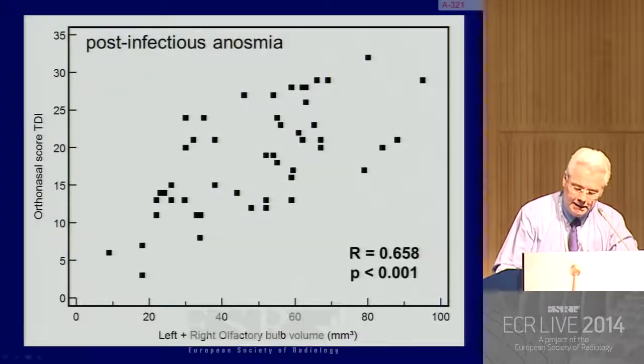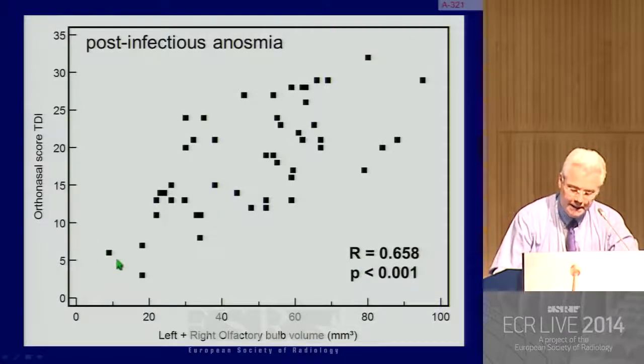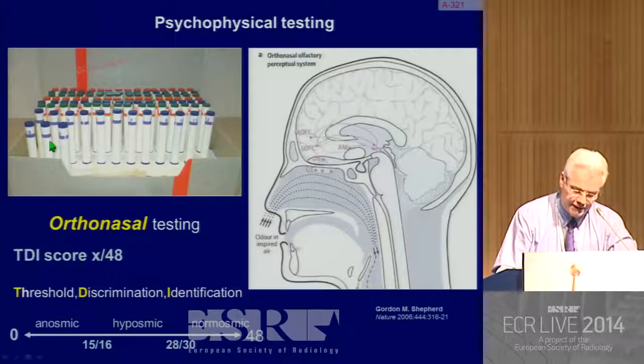In this plot graph, you see that in post-infectious anosmia you have an interesting strong correlation. P was very good, R was not so good because the cloud was a little bit large, but you have a correlation between the olfactory bulb volume and the TDI score, which means the clinical score of olfaction.